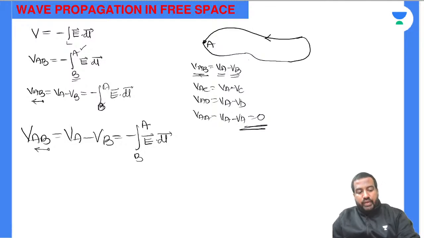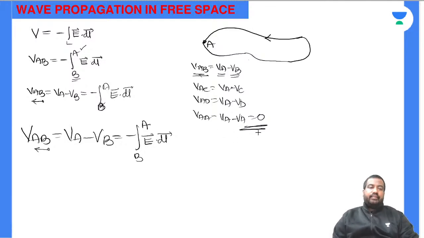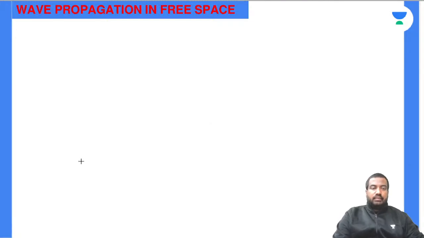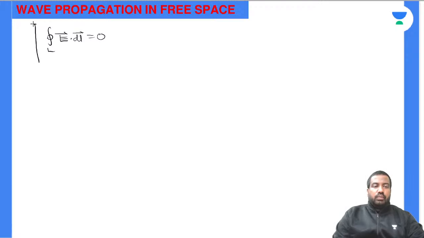Yes, VA minus VA is 0. Clear? So, what is this trying to tell us? When I close the loop L, the potential will become 0. 0 is equal to minus closed loop integral of E dot dl. This implies closed loop integral of E dot dl is equal to 0.